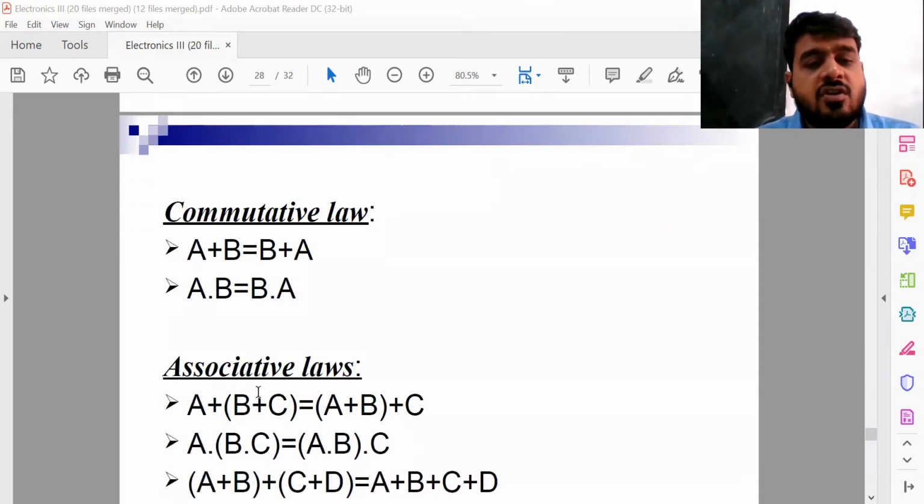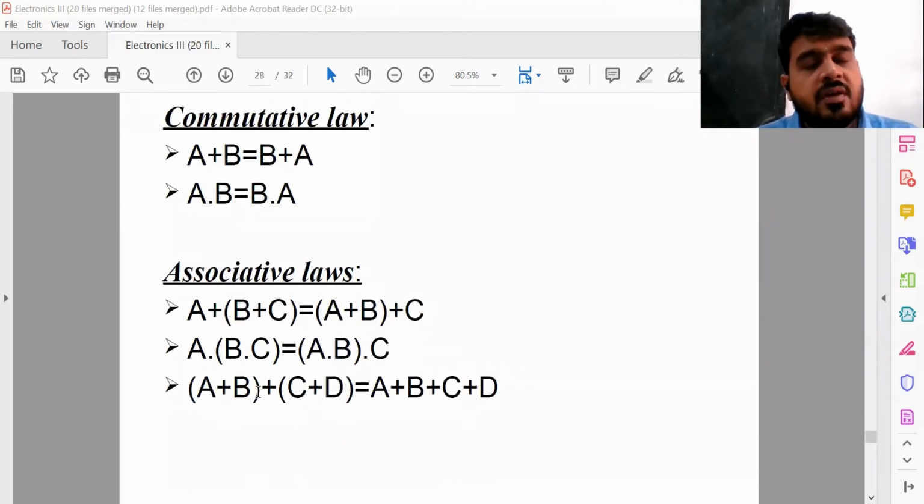Now you have the associative law. Associative law means A plus (B plus C) will also be equal to (A plus B) plus C. If you change the brackets, you will get the same value.